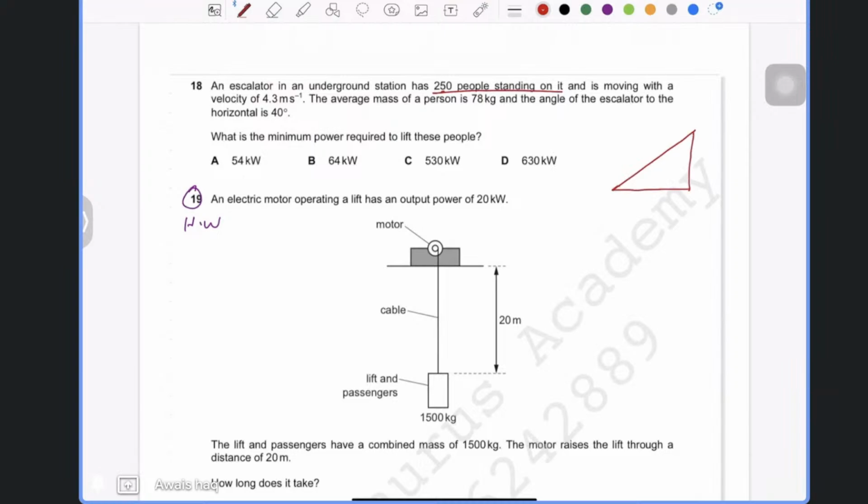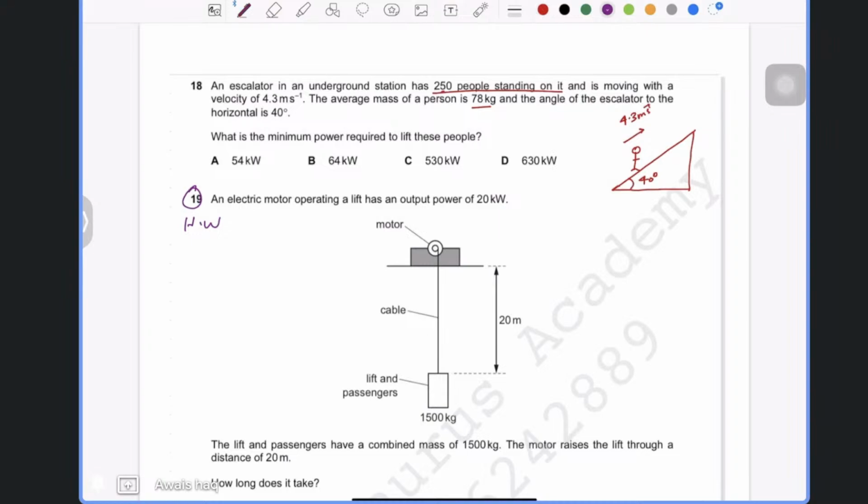And there are 250 people on this. And it's moving with a velocity of 4.3 meters per second. The average mass of a person is 78 kg, and the angle of the escalator to the horizontal is 40 degrees, okay? And then what is the minimum power to lift these people up? So that's the question.